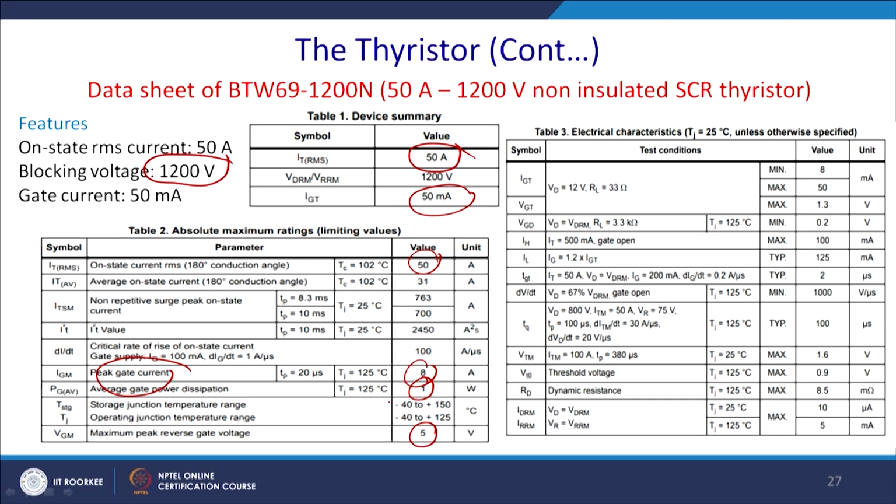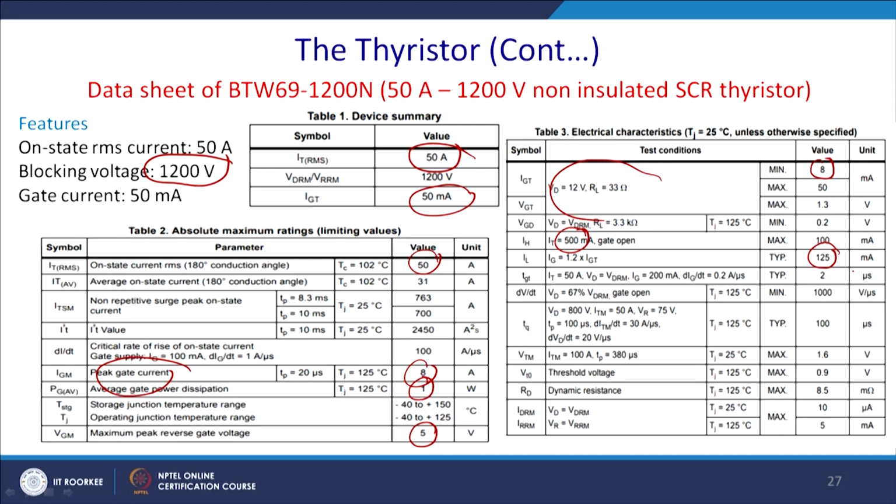Similarly, you will see what the IGT should be. The IGT is prescribed as 50 milliampere, but you can operate anywhere between 8 and 50, so that you can turn it on at different voltages.